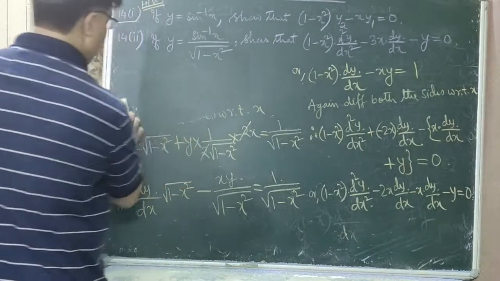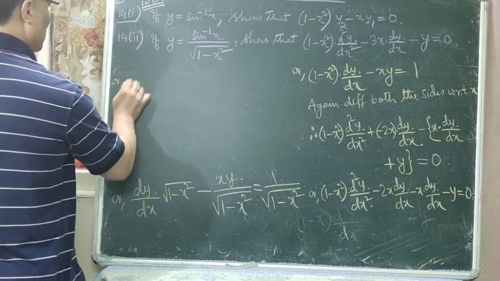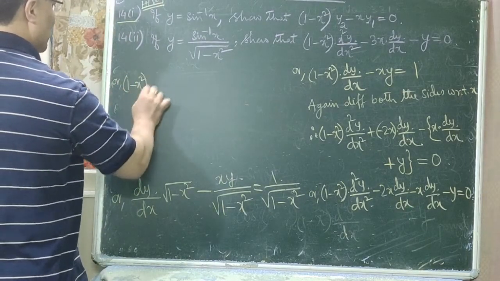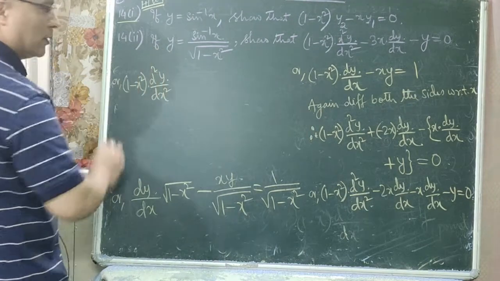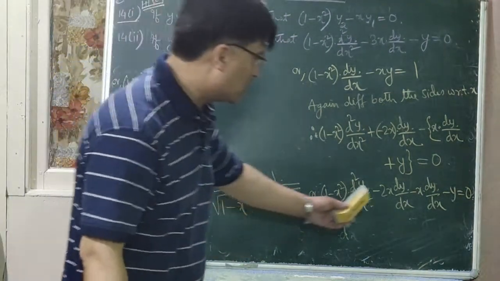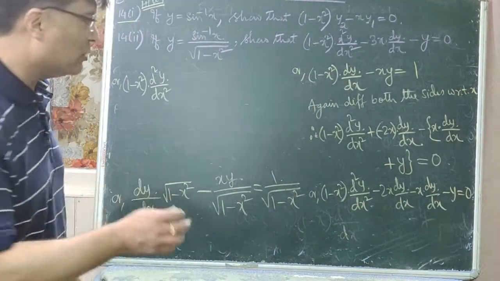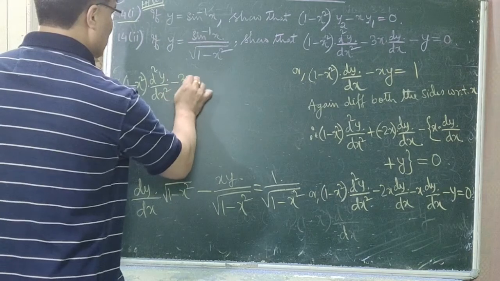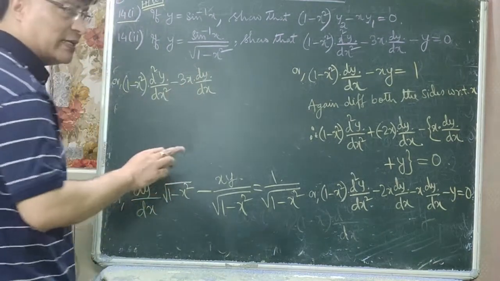Now let's simplify it again. 1 minus x square into d2y by dx square. Okay, so now these are two similar terms, minus minus, same sign, you can add them. Minus 3x into dy by dx, right?